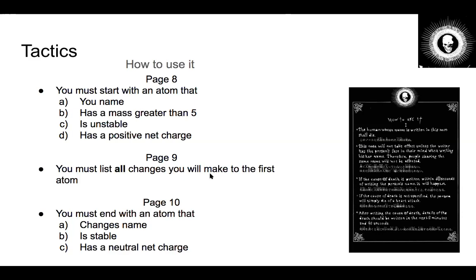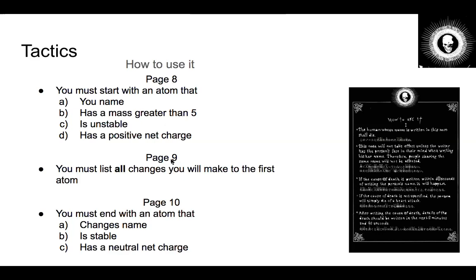So you're going to have to start with one atom that you name. That atom has to have a mass greater than 5. It has to be unstable, and it has to have a positive net charge. That is going to be on page 8 of the Chem Note, or if you're following along, it's going to be slide 8. I'm trying to make this work here, folks.